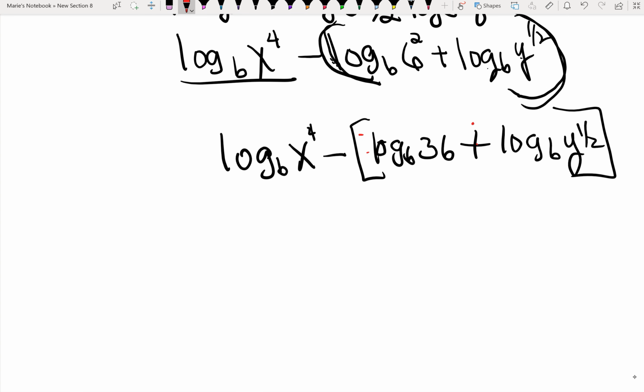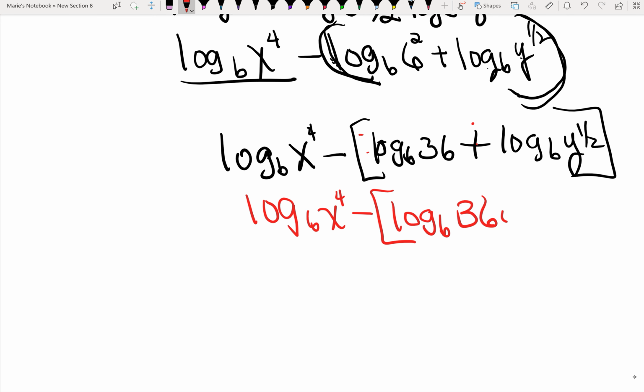So this is really now log base b of x to the 4th minus log base b of 36 times y to the 1/2. Because remember, this is a plus. You're adding the 2, so you're really multiplying the 2.